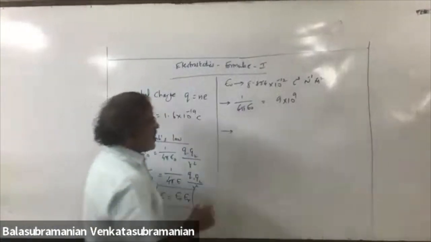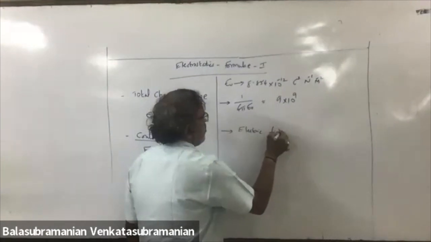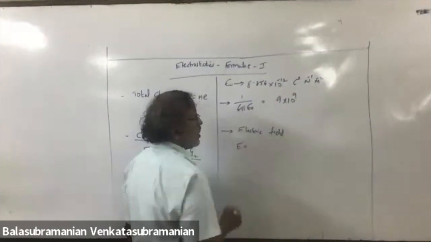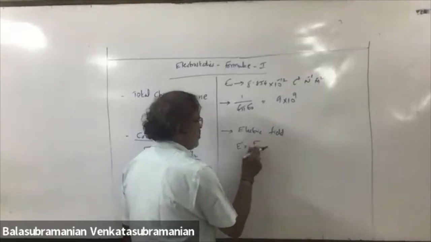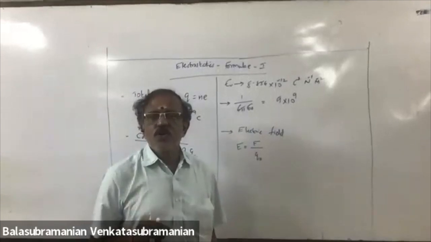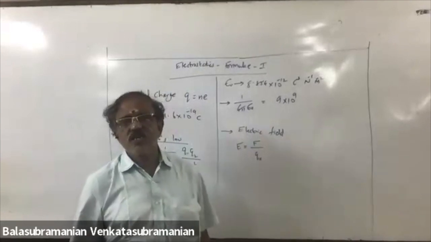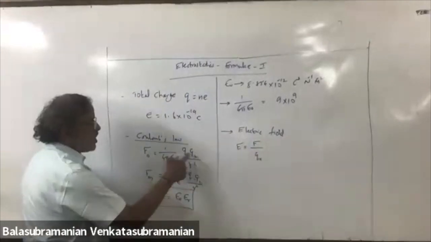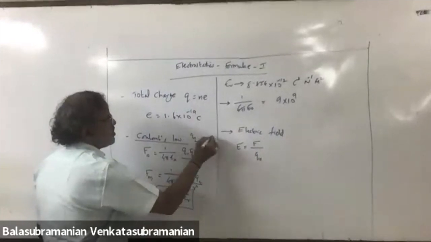Next, electric field. The basic formula is E is equal to F by Q naught. F is the force between the two charges, and Q naught is called the test charge. Here Q1, Q2 are two charges separated by a distance.